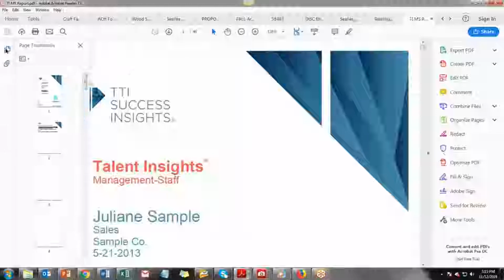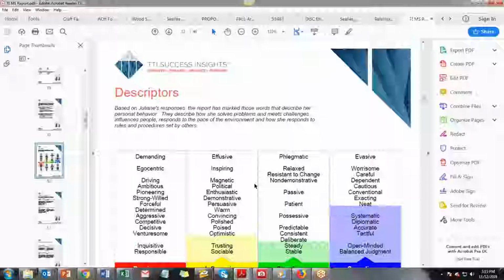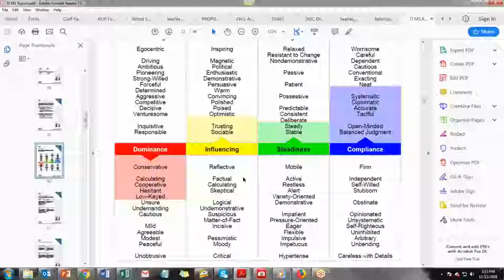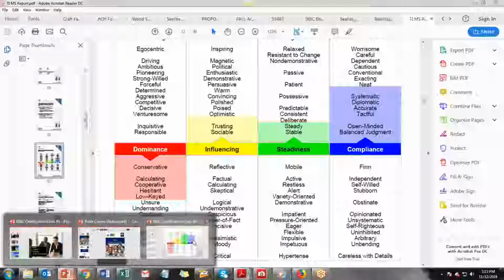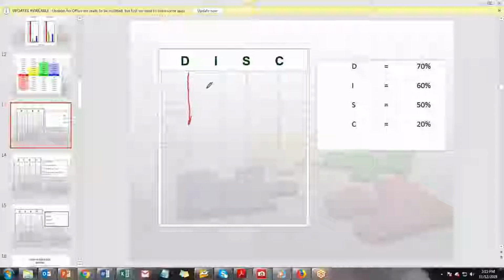Let me pull up this sample report. It also appears on page 11 or 12 of your personal report. So what I want you to do is, we'll go to the next slide. And as an experiment, I'm going to see if Andrea can draw a line here in a second. So this line here is the D line.